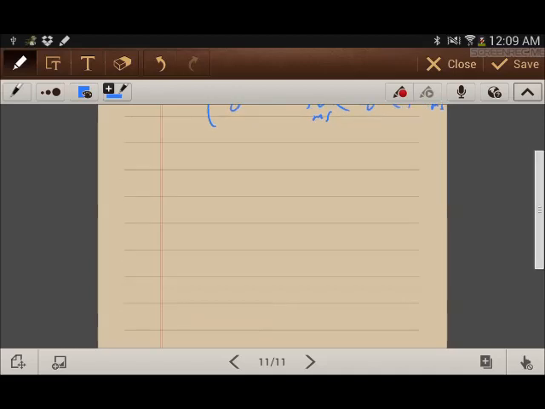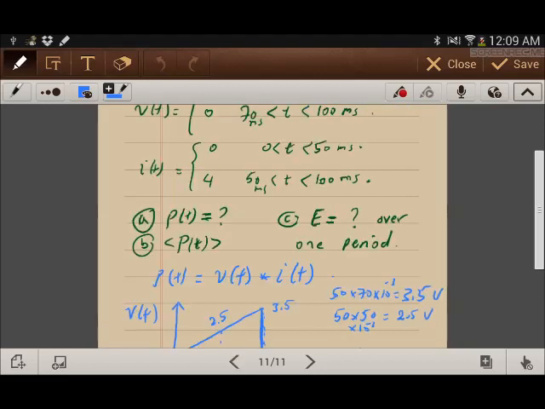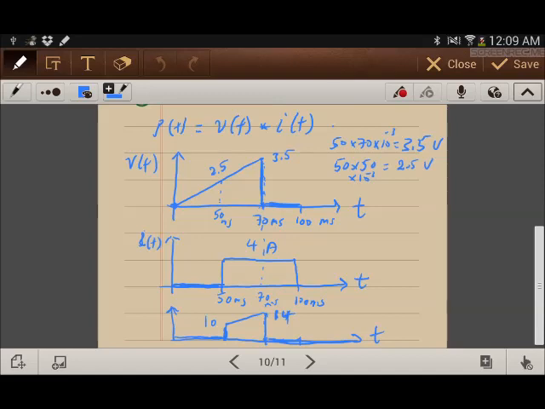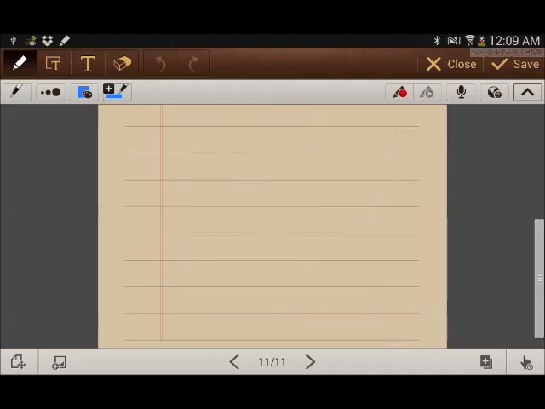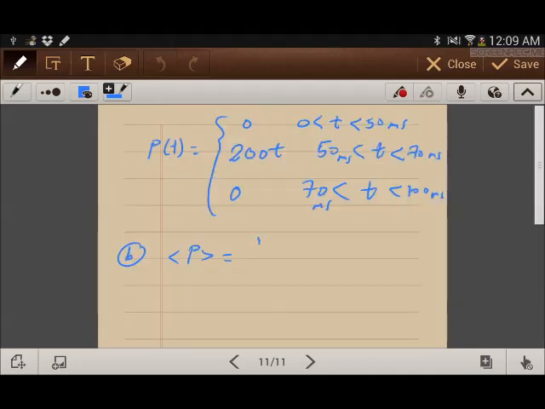For the average power, to find the average power of this component, we will evaluate this power over the 100 millisecond period. So it is 1 over 100 multiplied by 10 to the power minus 3, and the power is positive only in this interval.